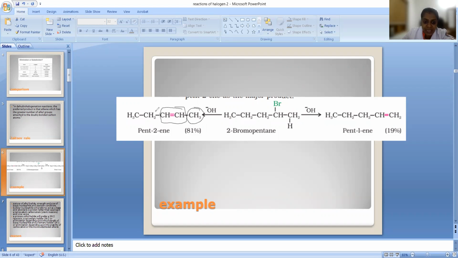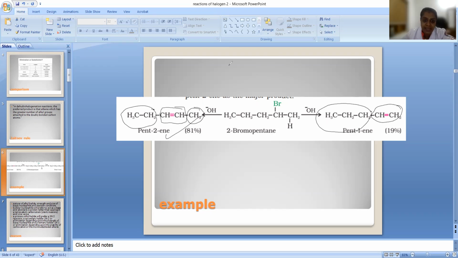One alkyl group here and one alkyl group here. The more substituted alkene is the major product. It has one CH3 group here and a CH3CH2 group here. So two alkyl groups are there, so it is the major product. Look at this case, here it is attached to only one alkyl group. So the more substituted alkene will be the major product.